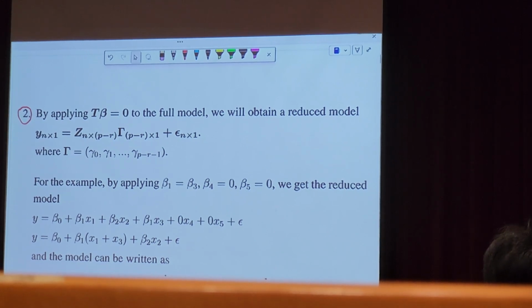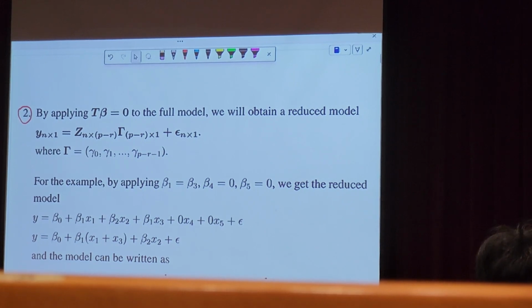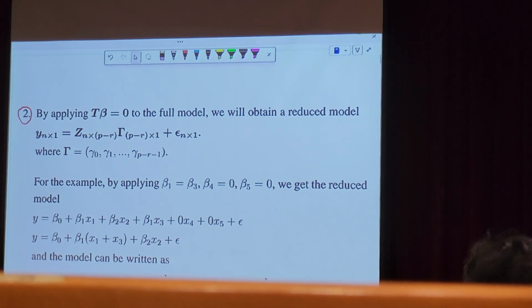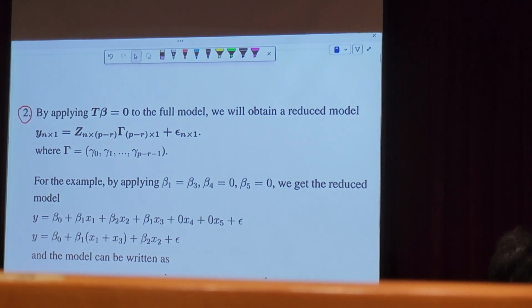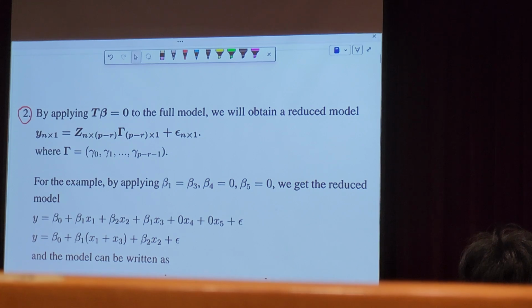Alright, part 2. Part 2 is we apply this set of linear constraints on beta onto the full model, and we will obtain a reduced model.